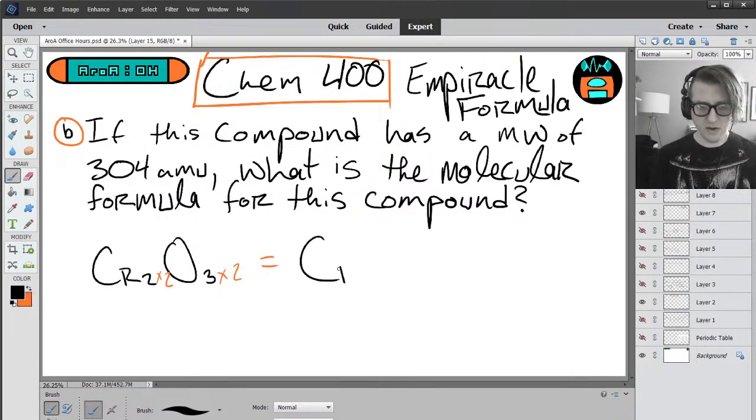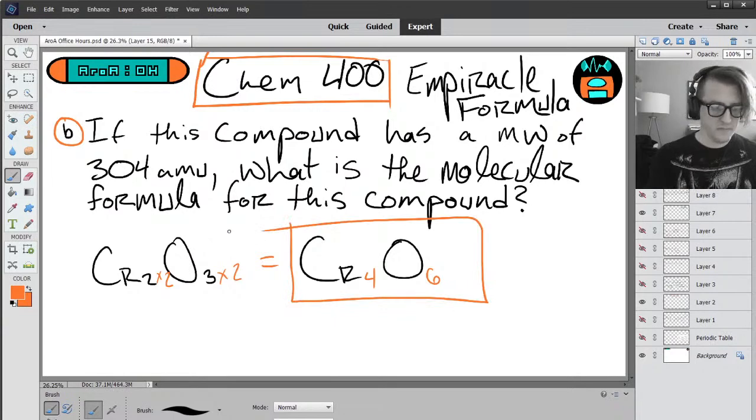So we have Cr4O6, and this is our molecular formula.